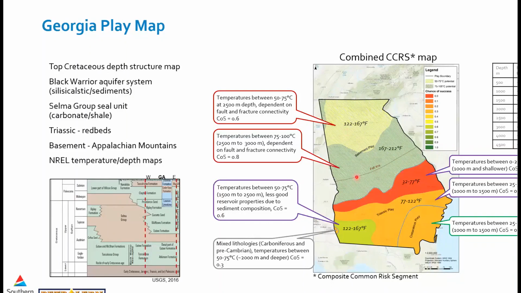The basement play here is dependent on fault and fracture connectivity, as it is in Alabama. And the temperatures are the same, 50 to 75 degrees up here to the north at 2.5 kilometers depth, and 75 to 100 degrees Celsius at 2.5 to 3 kilometers depth.